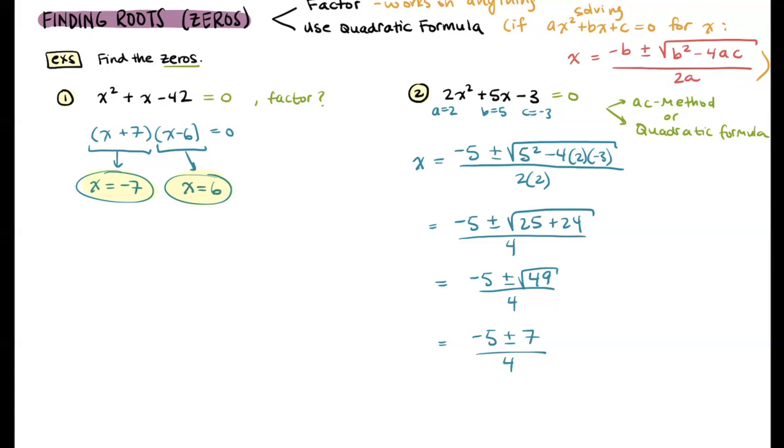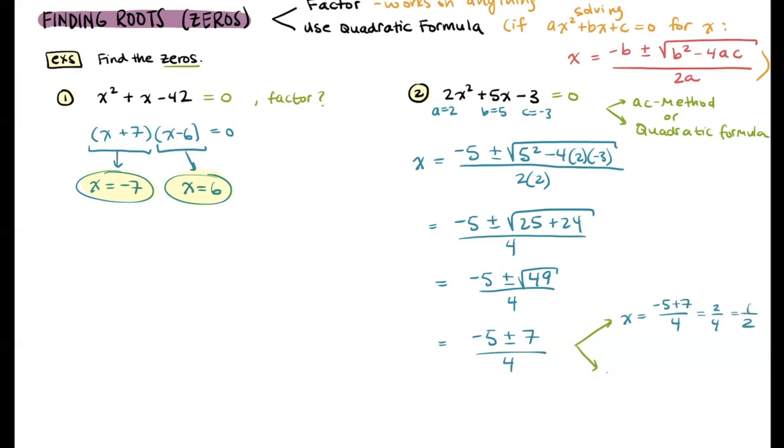Again, you don't really want to leave your answer this way. You want to get two different numerical values. So you figure out what happens when you take the plus, and what happens when you take the minus. So we're going to have two x values. We have -5 plus 7 over 4. -5 plus 7 is +2, so that's 1/2.